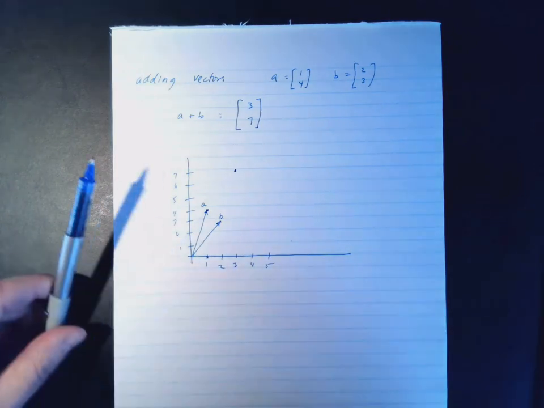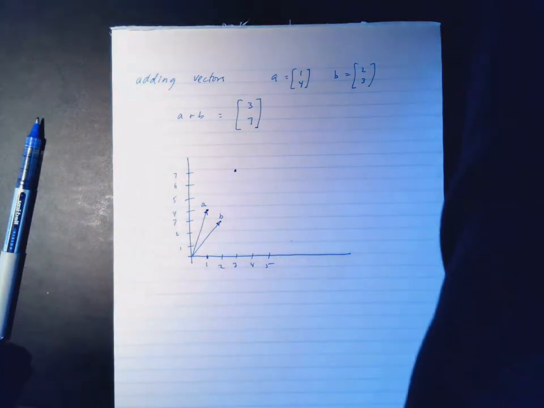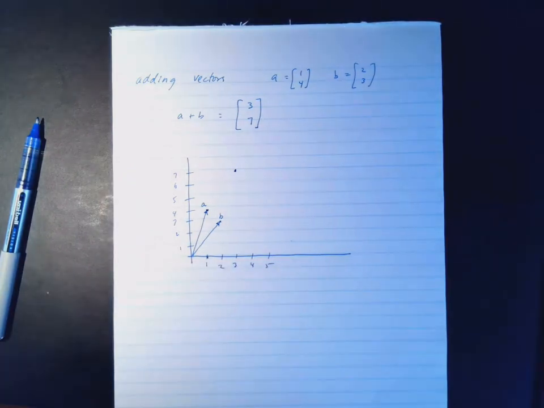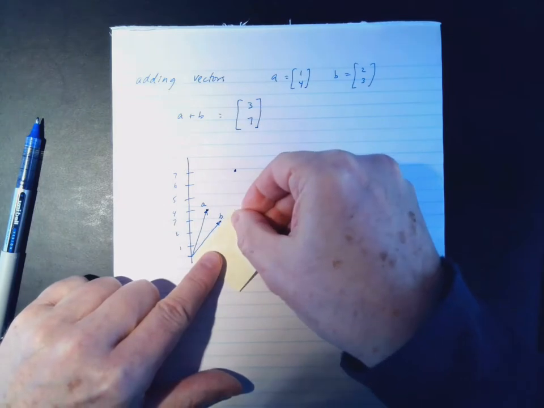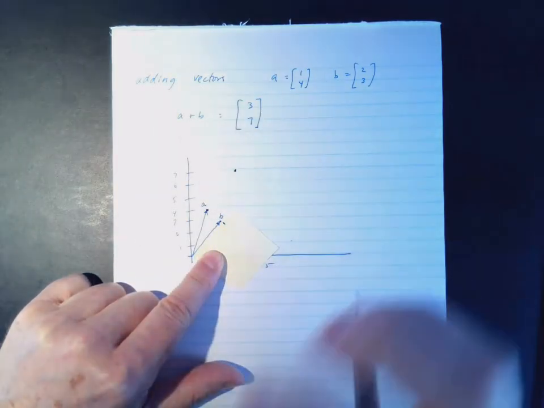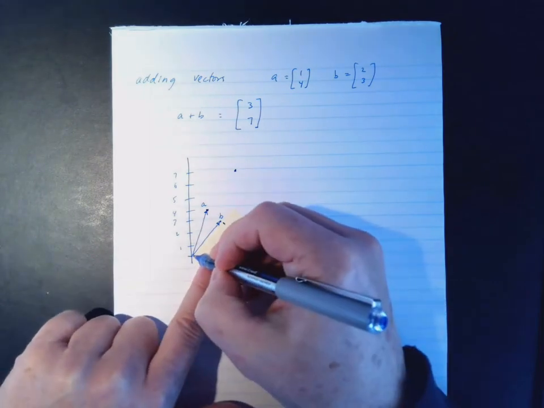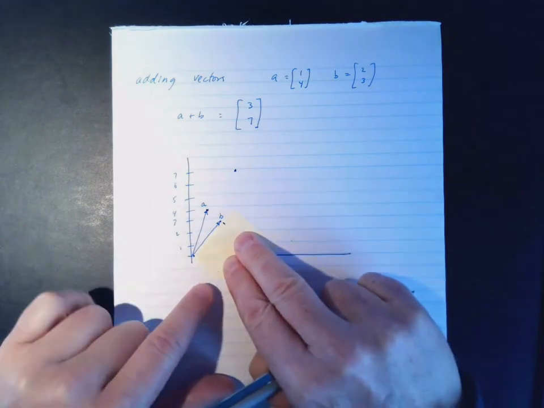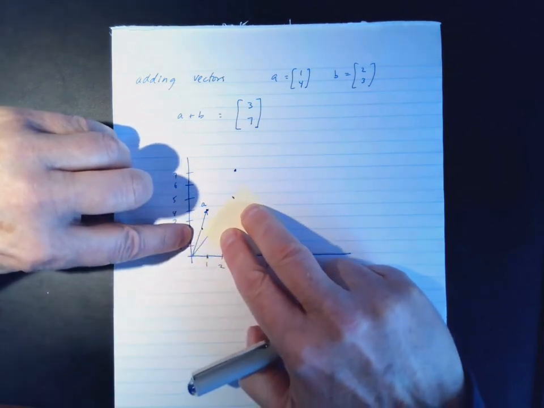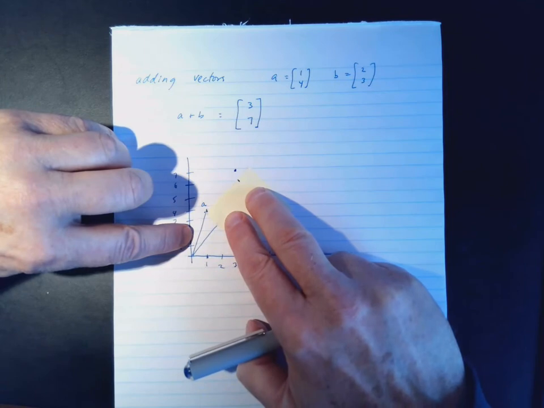And one way to think about that is, let's grab a little piece of paper here, so we have our vector B, like so, and it starts down here. Well, suppose that we took that vector and we just slide the starting point up the A vector to get to there.